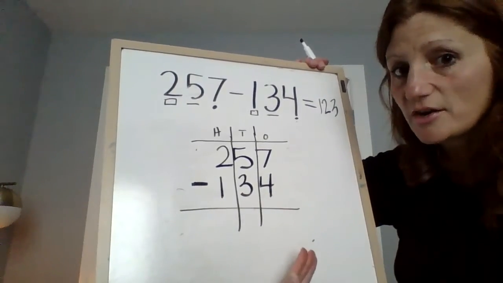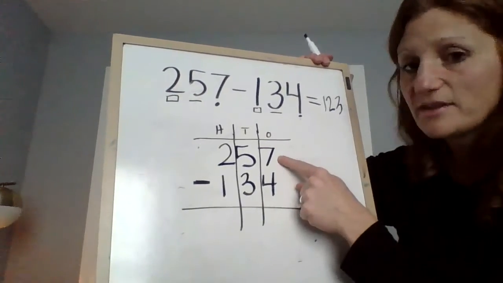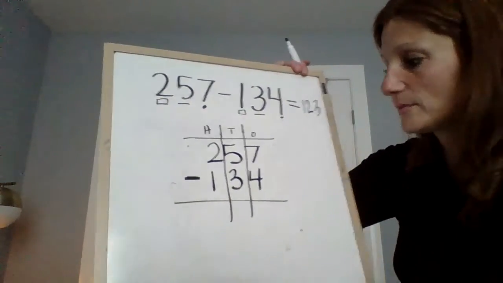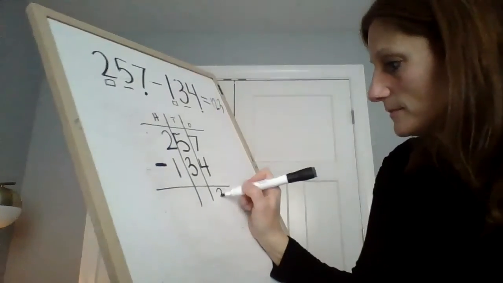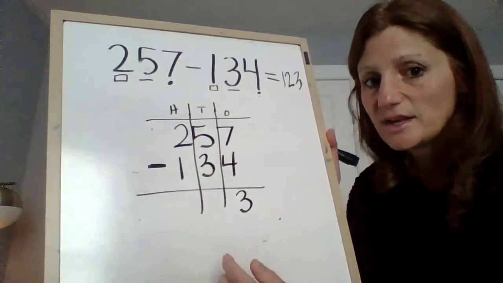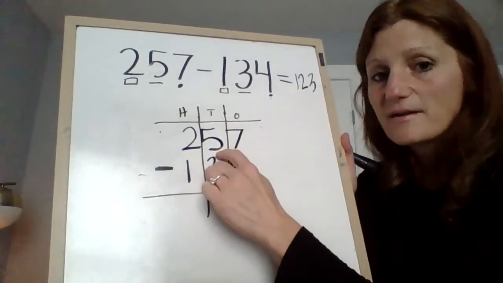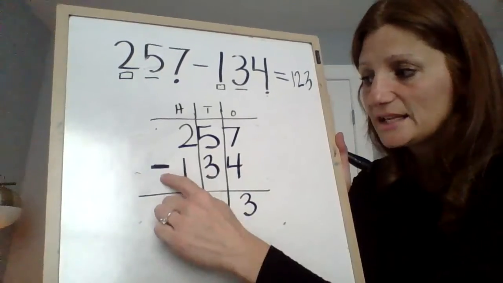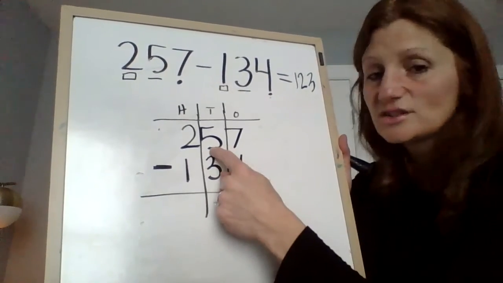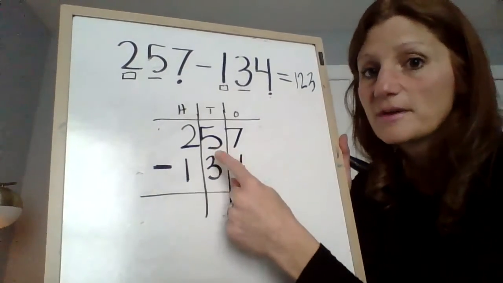So first we're going to start here in our ones. What is 7 minus 4? That would be 3. Now we're going to slide over to our tens place. This is actually 50 minus 30 because these are in the tens place. So this isn't just a 5, it's actually worth 50.